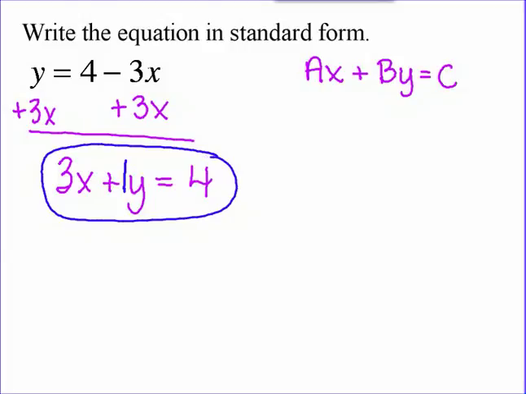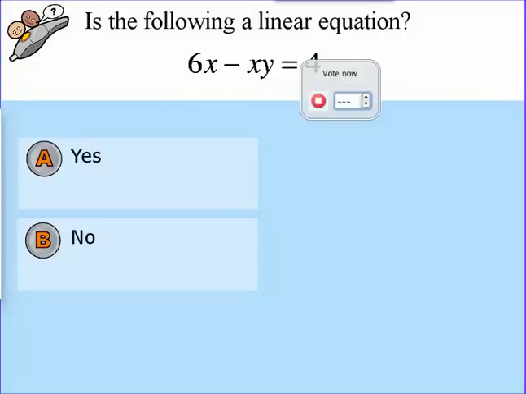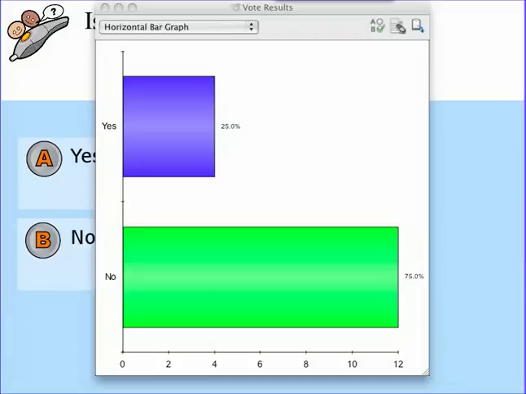Let's go ahead and look at this one. Is that a linear equation? So is that an equation of a line? So based on what we've looked at, is that an equation of a line? No, good.